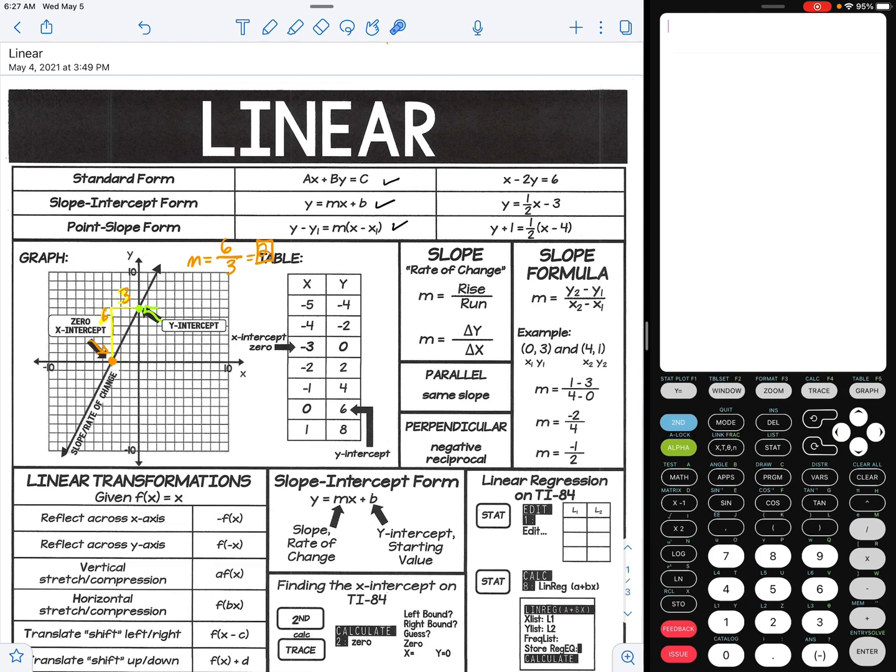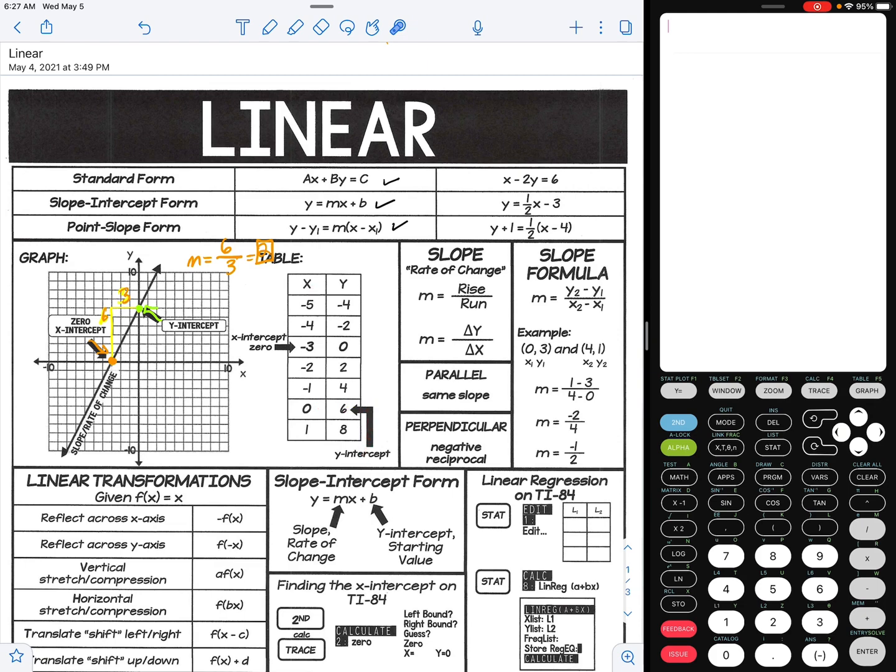And then we can identify the slope, x-intercept, and y-intercept in this table as well. All right, notice how the x-intercept is the value of x when y is 0, right? So this right here is the x-intercept. Right here is the y-intercept, and is the value of y when x is 0.